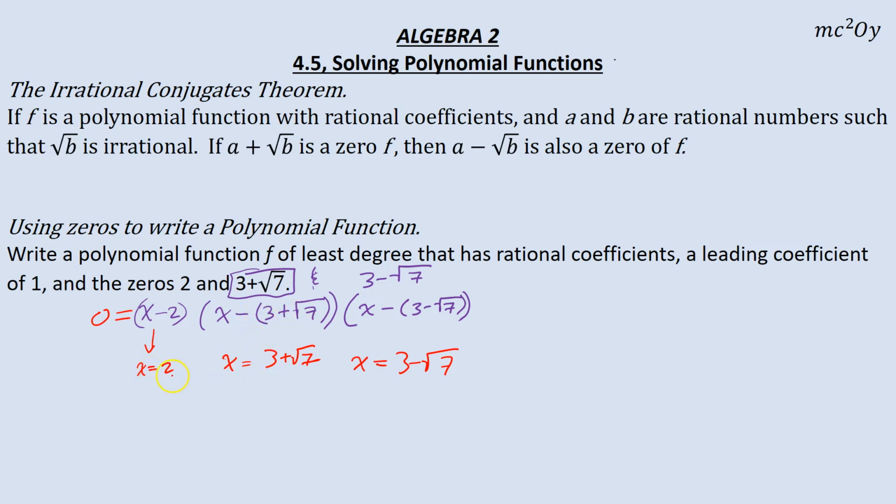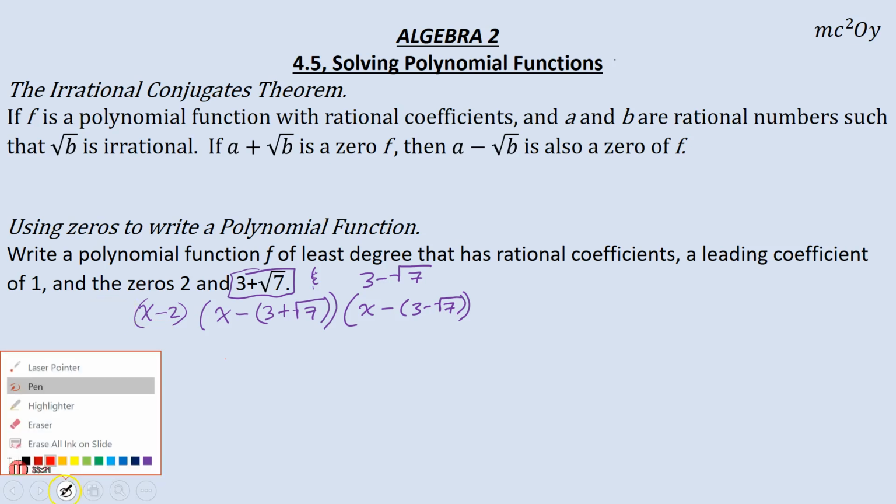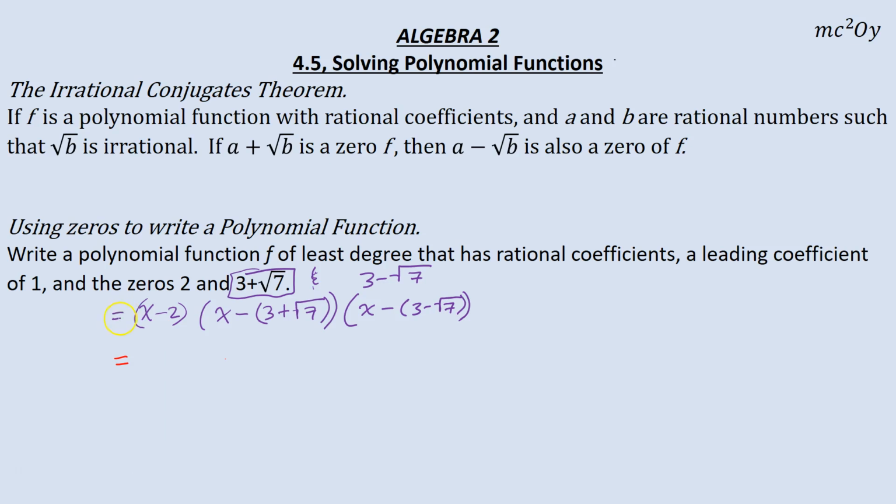Now, when I'm writing my equation for this, first I'm going to set it all equal to f of x. I'll keep that x minus 2, but I'm also going to distribute this negative.